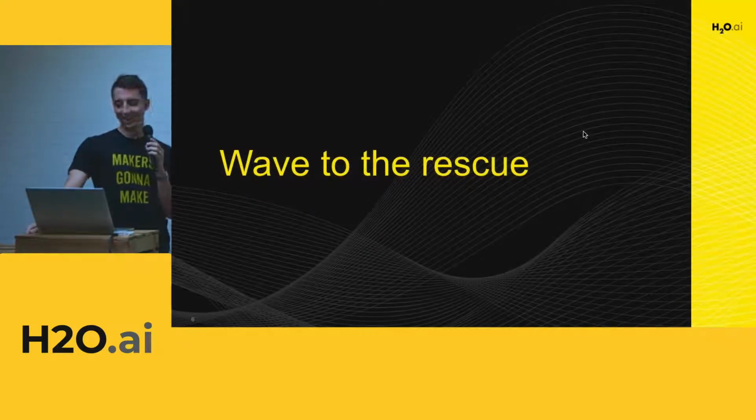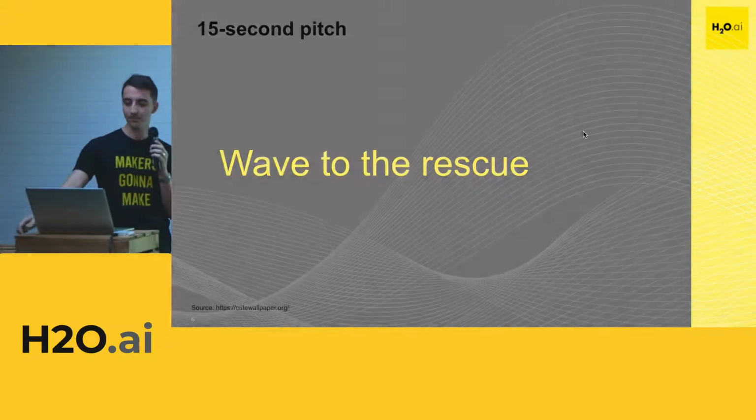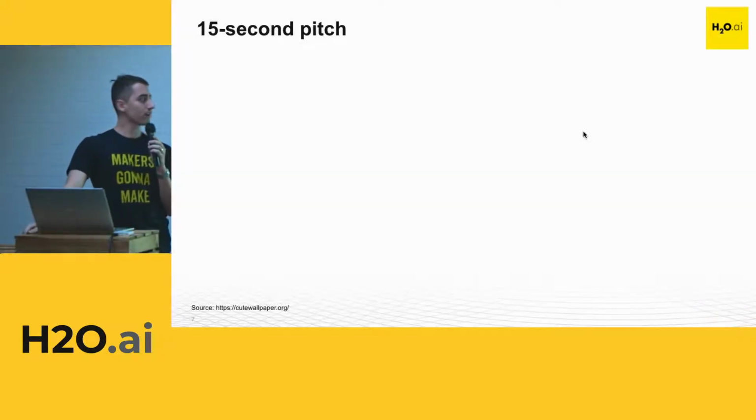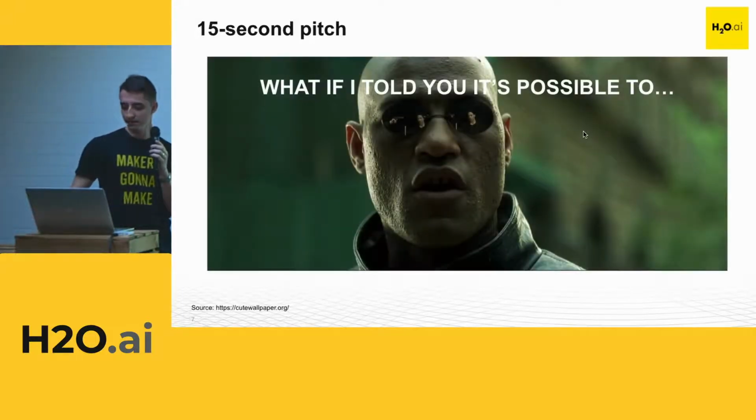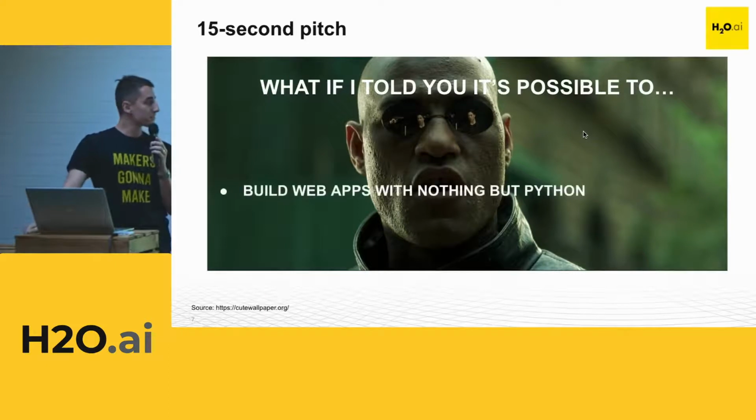So, there comes the Wave. Wave to the rescue. If I were to pitch Wave in 15 seconds, it would be something like that. What if I told you it's possible to build web applications with nothing but Python? You don't need to know HTML, no CSS, no JavaScript, no anything, only Python.